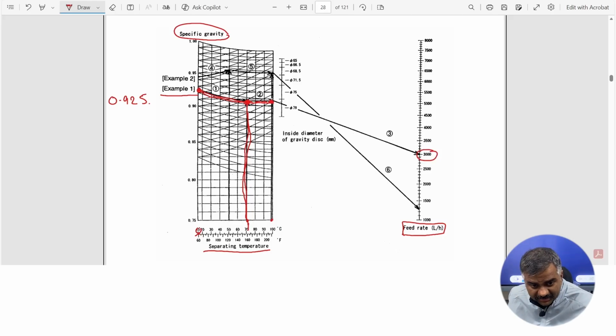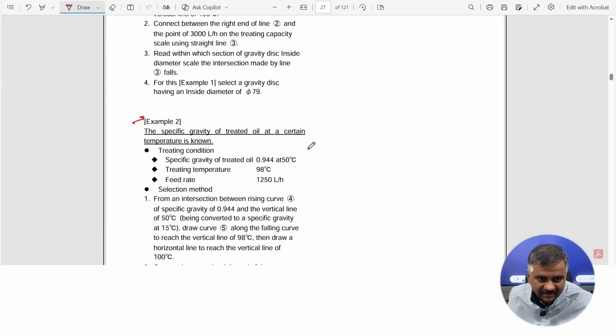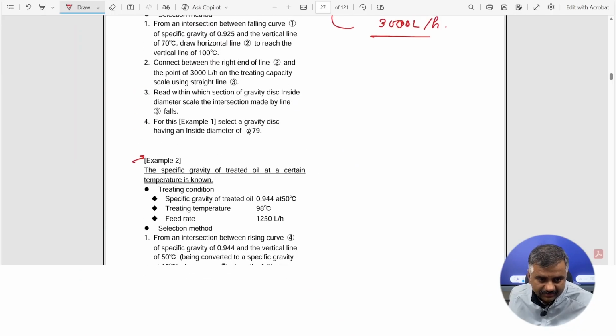From this point we have to match these 2 points, 3000 liters and the point at 98 degrees centigrade, this point number 2. If we match, it is cutting at a value here, 79. So the internal diameter for the gravity disk in this case becomes 79.